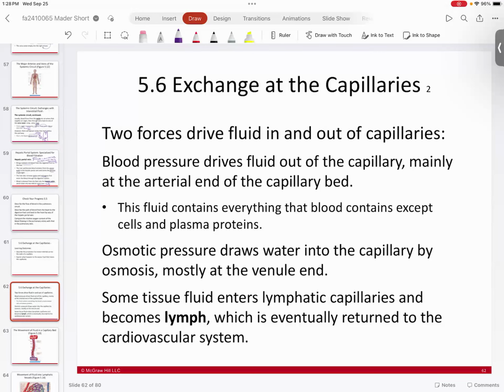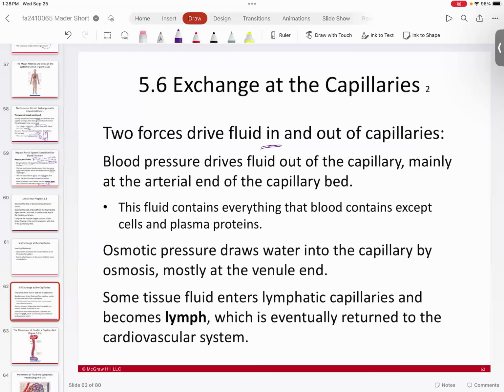There are basically two forces that drive the fluid in a capillary system: an inward force and an outward force. There is a force that will push fluid into the capillary and a force that will drive it out of the capillary. Generally speaking, behind the outward driving force is blood pressure.